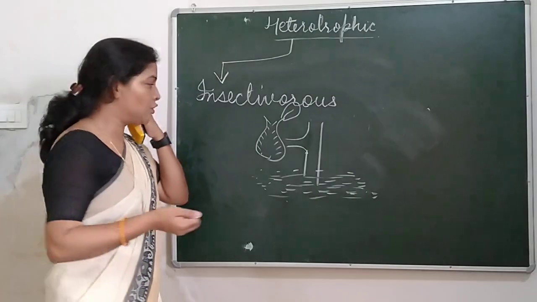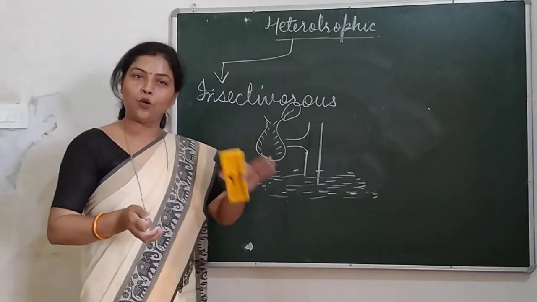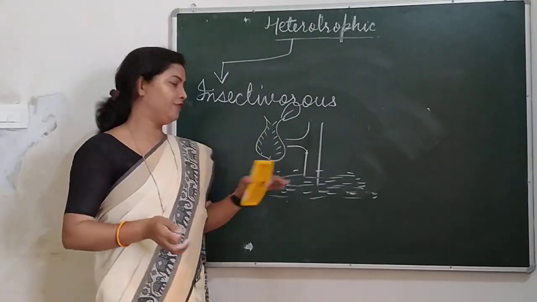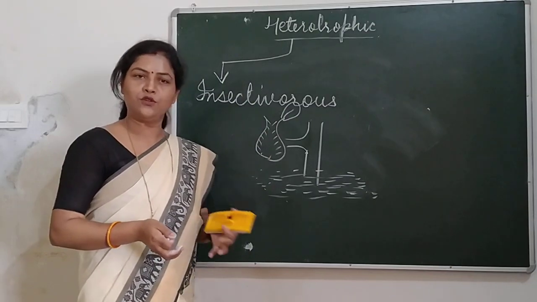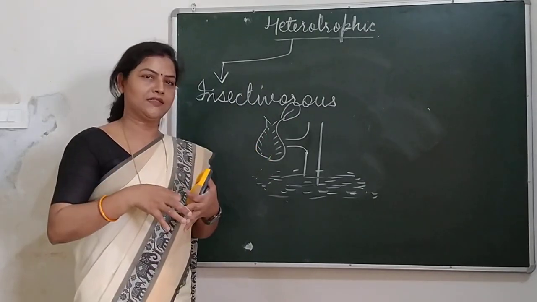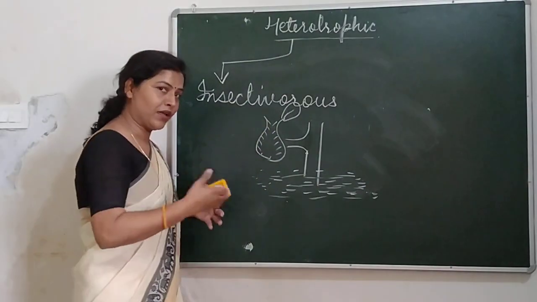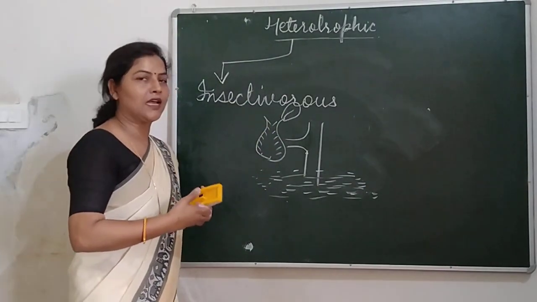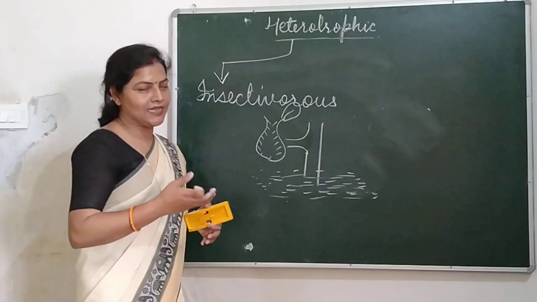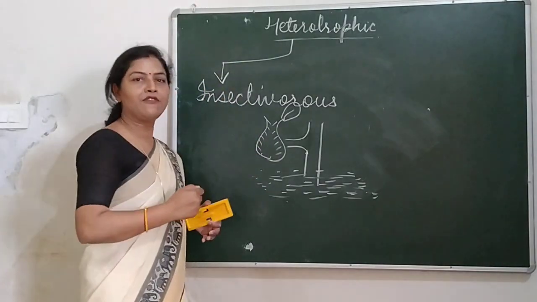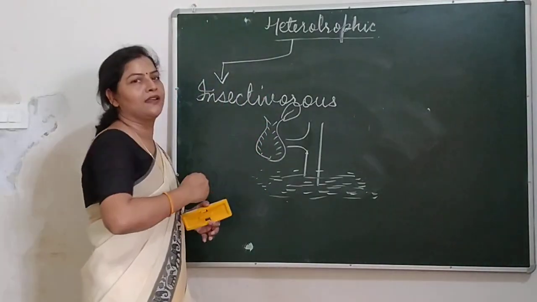It's okay now? So, to fulfill the requirement of nitrogen, what do they do? They trap insects. When insects come, actually they have a very bright color, good attractive colors. So the insects think that they are flowers. They come and sit on that.